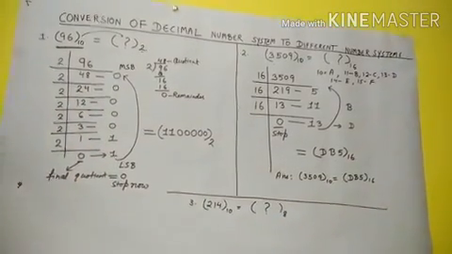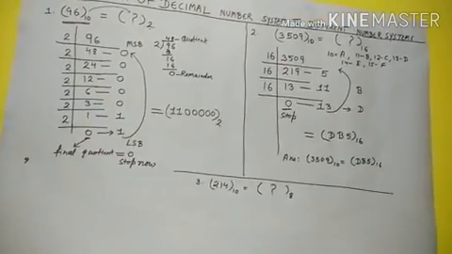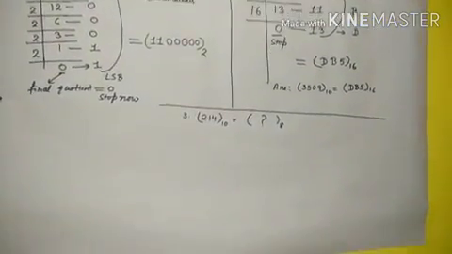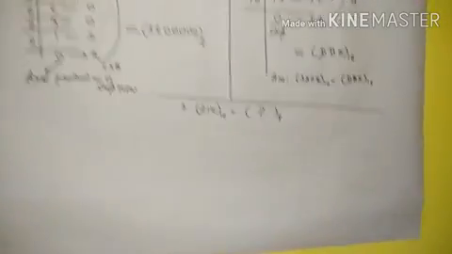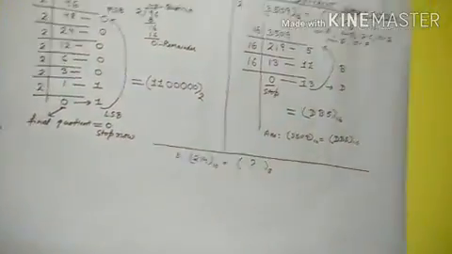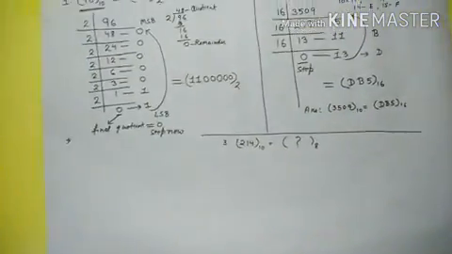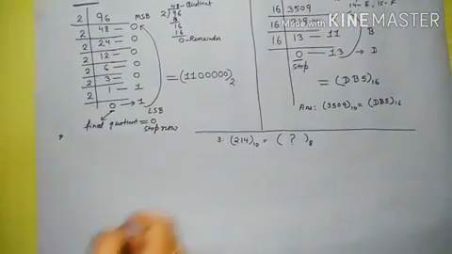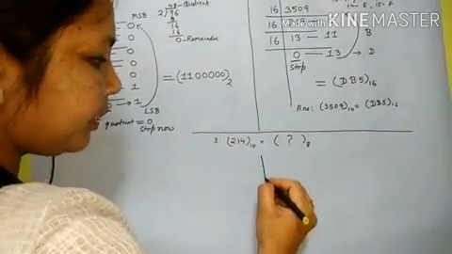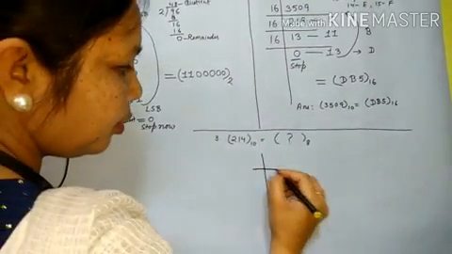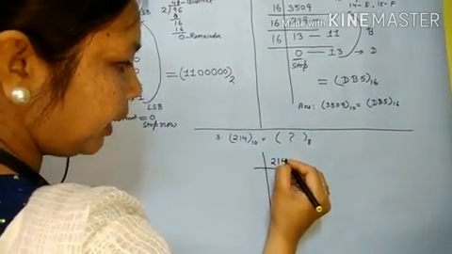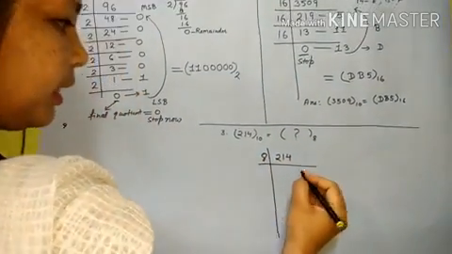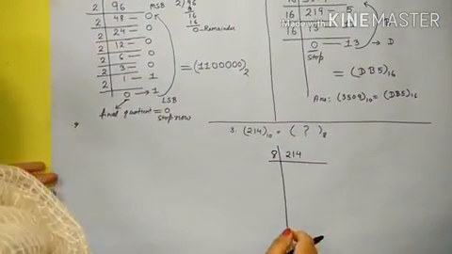For that, we'll divide 214 by 8 by the time we get 0 as the quotient.